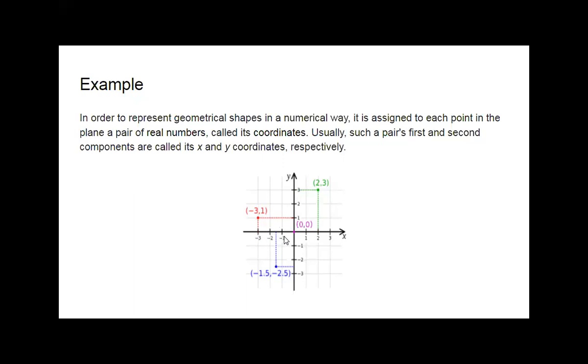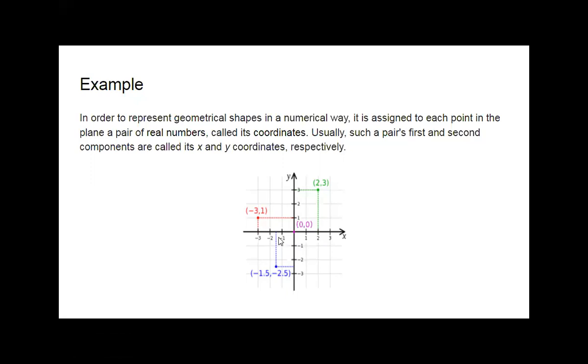Okay, when the point is going leftward and downward, it is the negative plane. Both the coordinates will be negative. Here we can say minus 1.5, which is going to be at the left side.